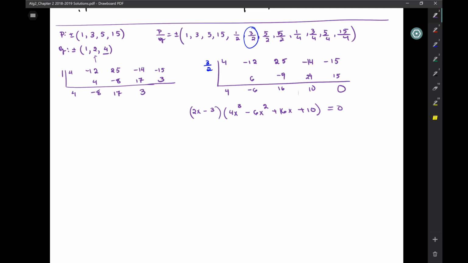Can you do factor by grouping here? This one you can't, because when you factor out an x squared, you're not going to get the same factors.